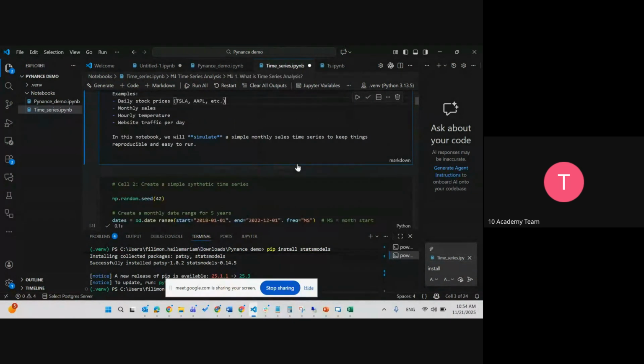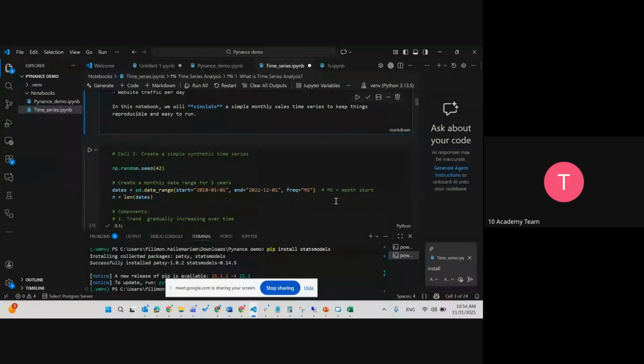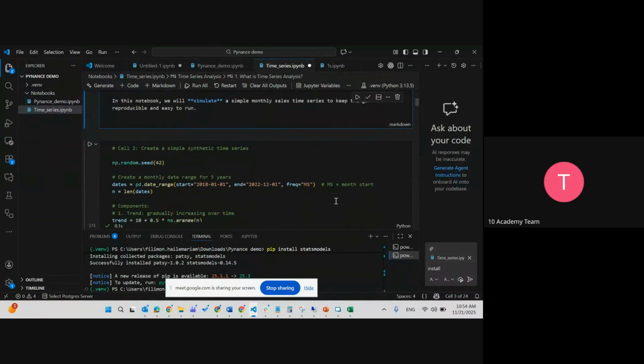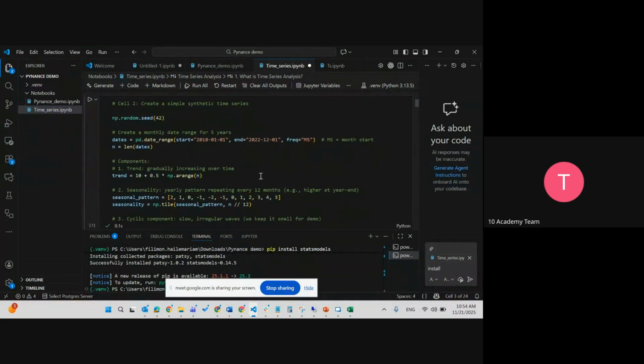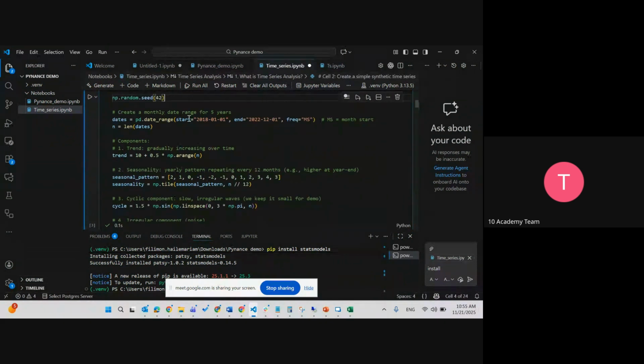In this notebook, we'll simulate a simple monthly sales time series to keep things reproducible and easy to run. I've created just random data for you guys, so you don't need a dataset to run it on your notebook when you test and experiment. So this is just the creation of our data.